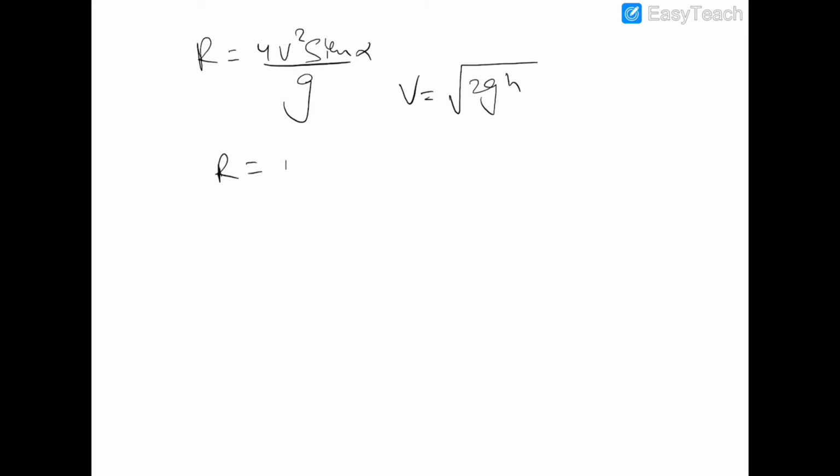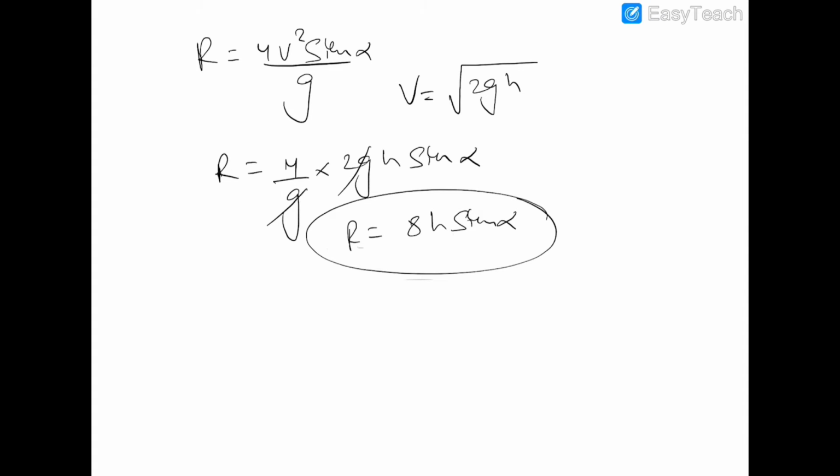So range is equal to 4 by G into 2gh sin alpha. Cancelling this G, it would be 8h sin alpha. Now we move on to the next question.